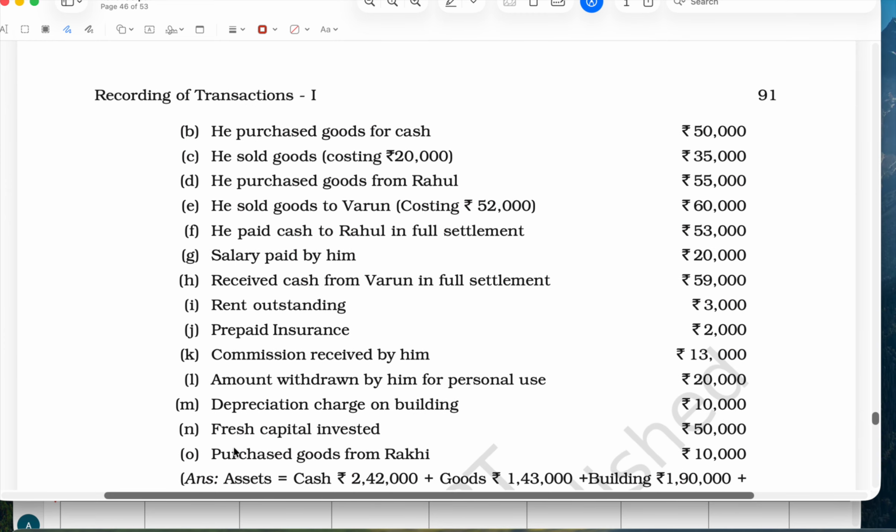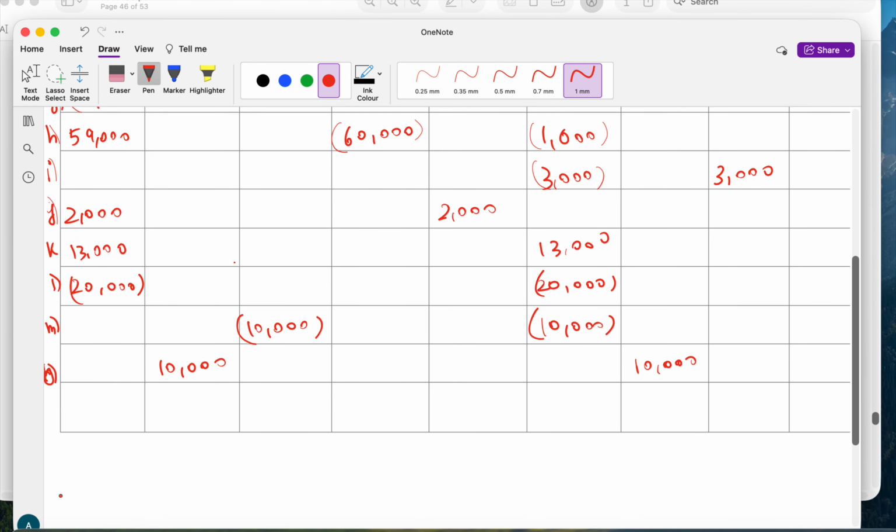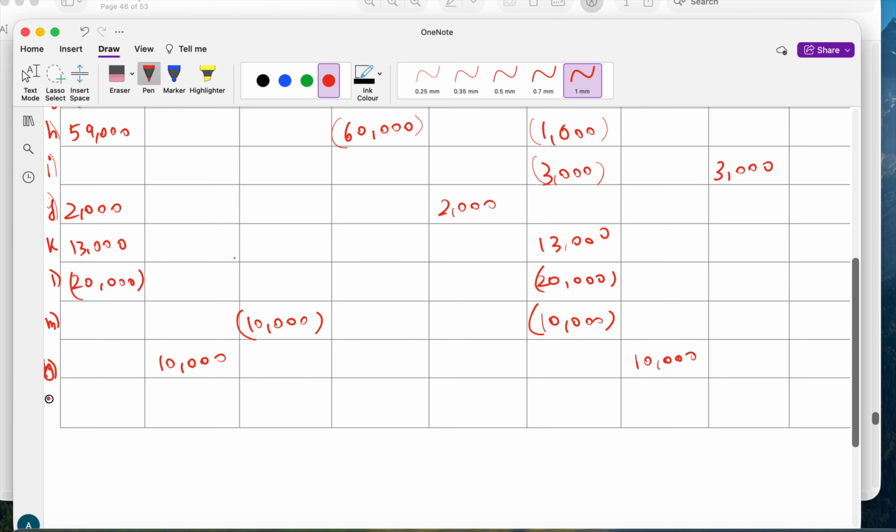Yeah, I have missed fresh capital invested. That also will include. This is N. Fresh capital invested, which means 50,000 is coming in as capital. Right?